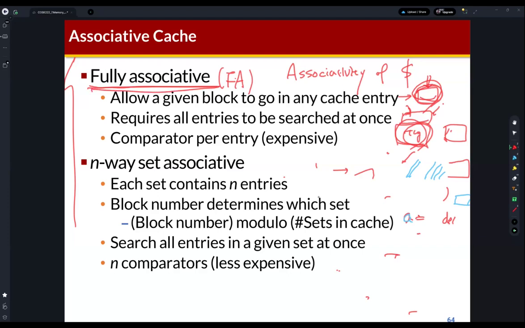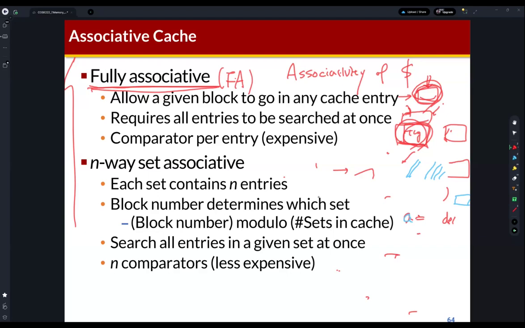In order to access the data in the fully associative cache, we need to check all entries. What does that mean? We need to compare the tags in all entries in a cache.